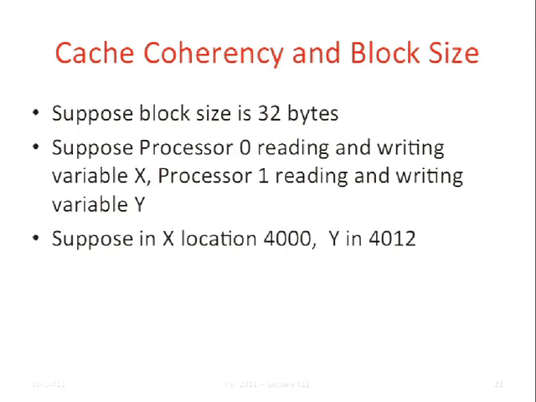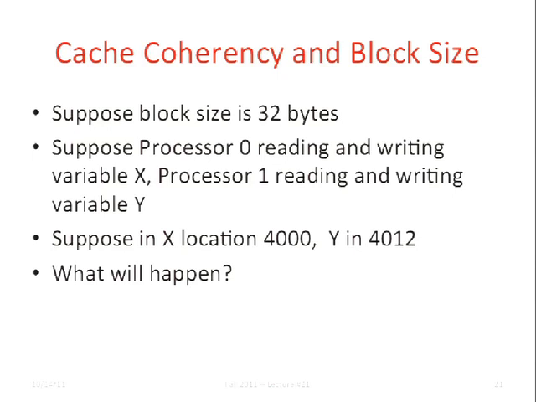For example, let's say x was at 4000 and y was at 4012. When processor 0 updates x, that's going to invalidate processor 1's copy of that cache block, which means 1 is going to lose its copy of variable y. It's going to have to go get it again.